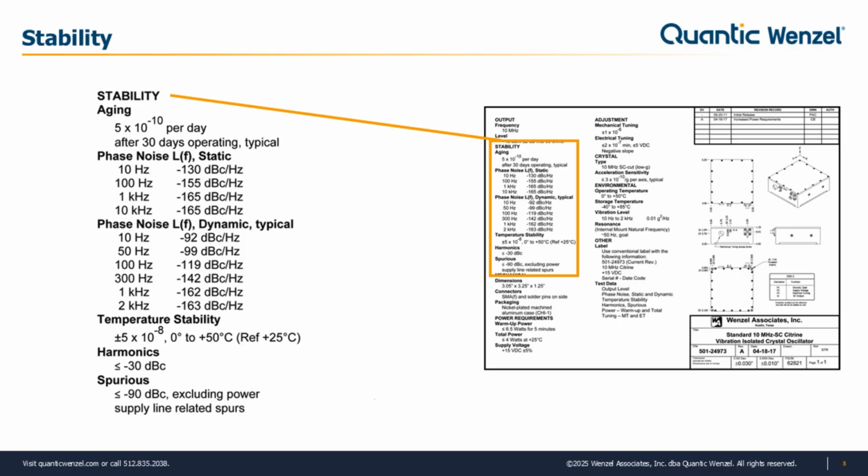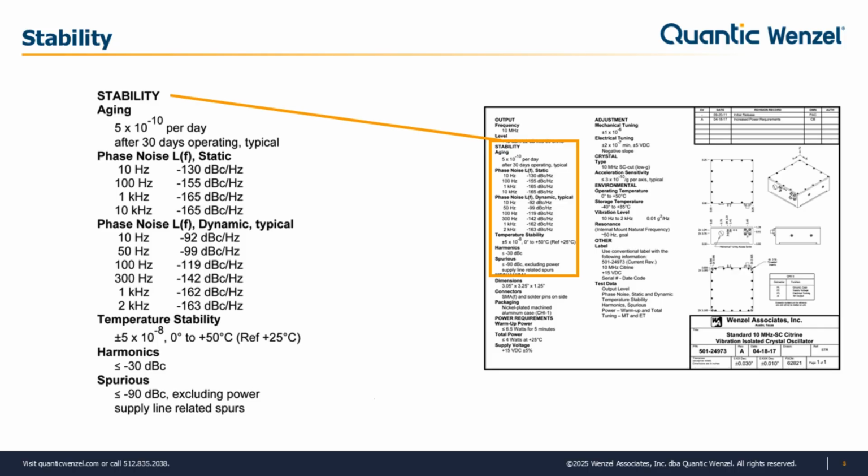Phase noise is defined as the short-term random frequency instability of the output signal. The phase noise specification defines the maximum levels of phase noise which may be present on the fundamental frequency when measured at specific frequency offsets and at measurement bandwidths of 1 Hz.